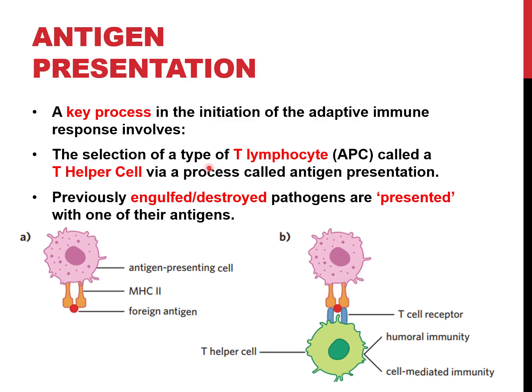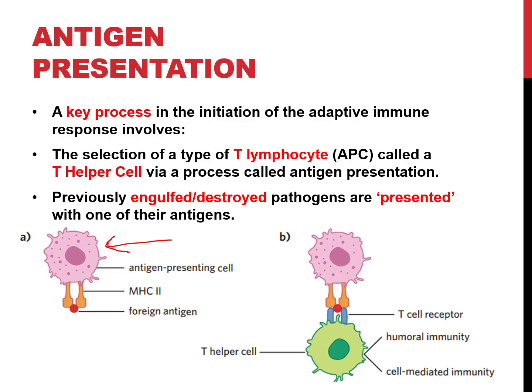The selection of a type of T lymphocyte called a helper T cell occurs via a process called antigen presentation. Previously engulfed or destroyed pathogens are presented with one of their antigens. If we look at this cell A here, this could be a macrophage, for example. So it's a large phagocyte that goes around eating foreign things.